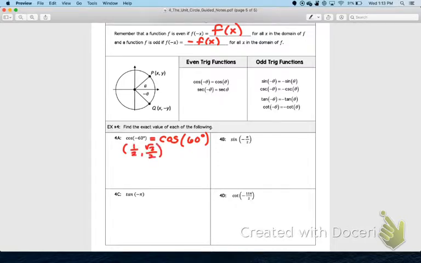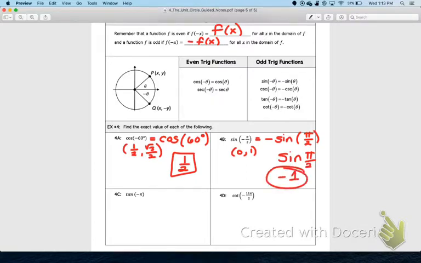And cosine is your x, so my answer is going to be 1/2. Sine is an odd function, so this is going to end up being the negative of the sine of pi over 2. Remember, pi over 2 is up at 90, so 0, 1. Sine is your y, so the sine of pi over 2 is 1, but now I'm going to take the negative of it, so -1.